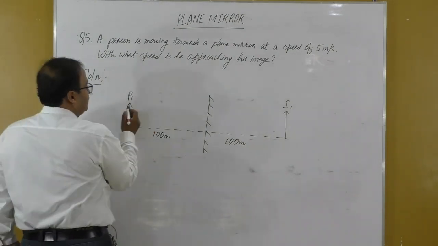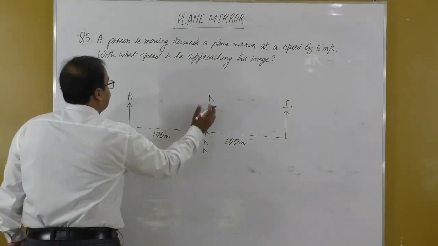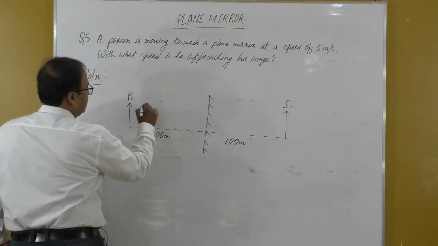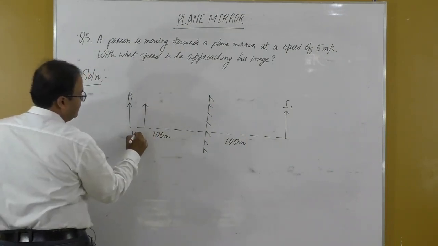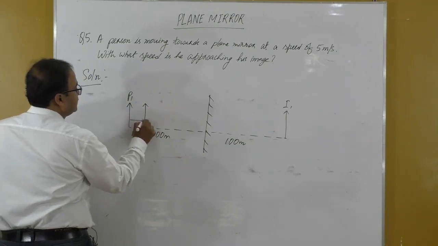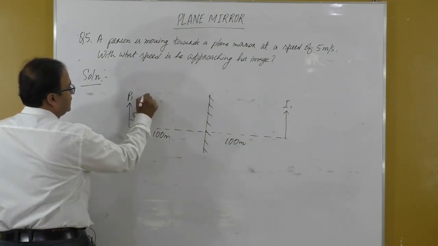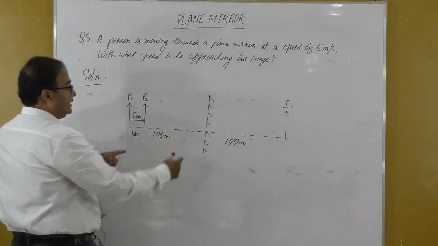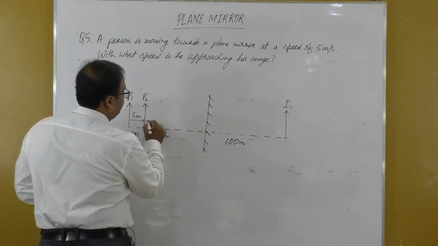Now the person is approaching the mirror with a speed of 5 meter per second. So I am considering the situation after 1 second. The person has moved 5 meter and the second position of the person is P2. So now this gap is 95 meter.